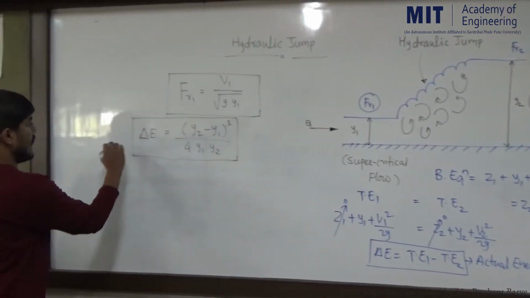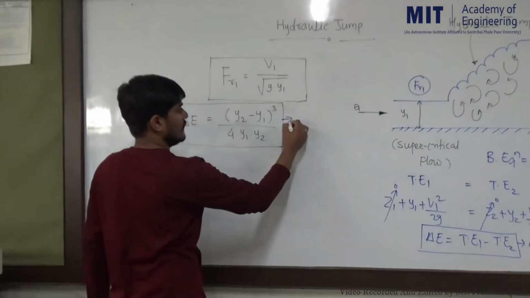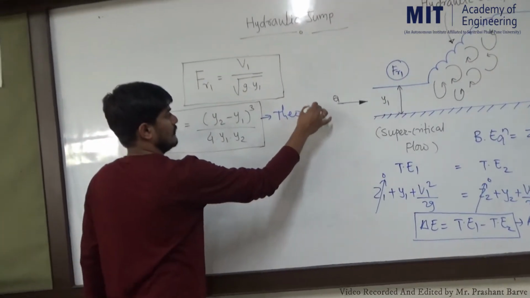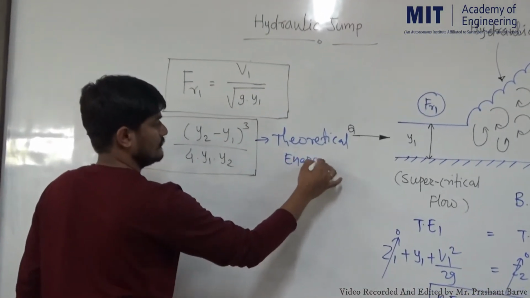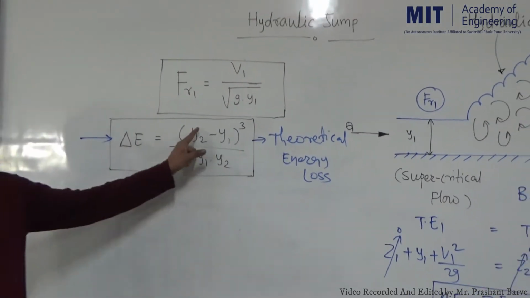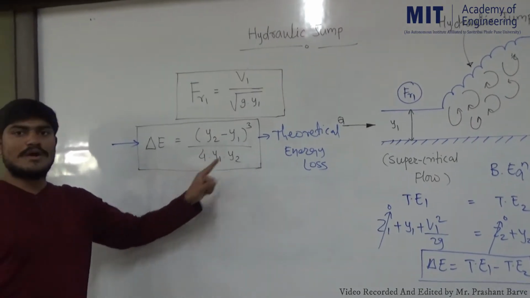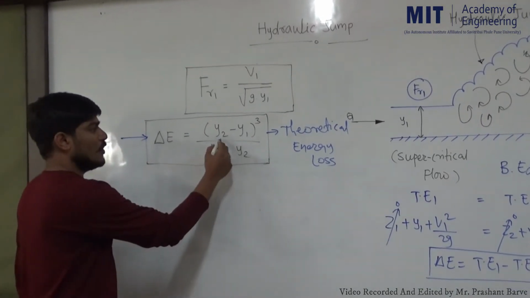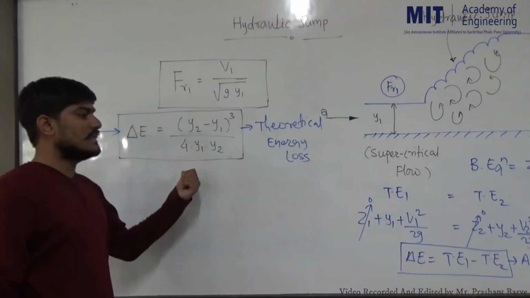Another way is that we have an equation, and by this equation we will get the theoretical energy loss. What is that equation? This is nothing but (Y2 minus Y1) whole cube divided by 4 Y1 Y2. So once we know Y1 and Y2, we can make use of the equation and theoretically determine the energy loss.